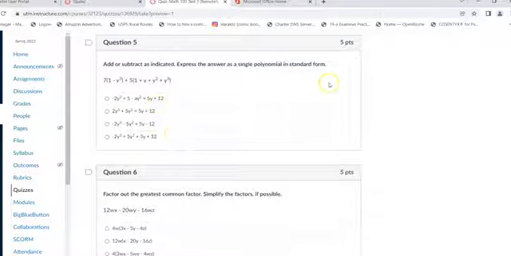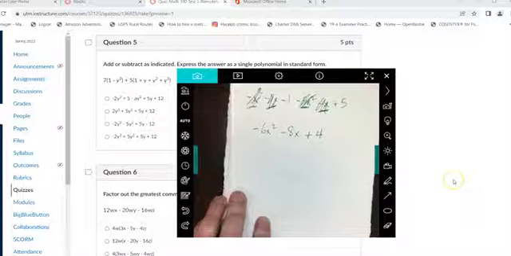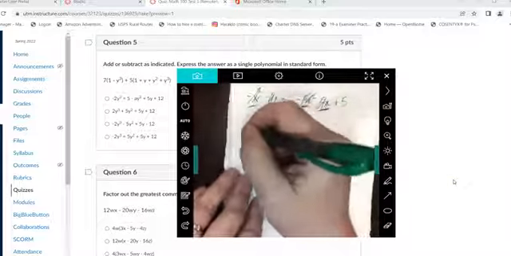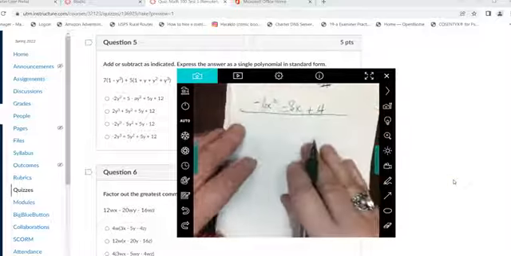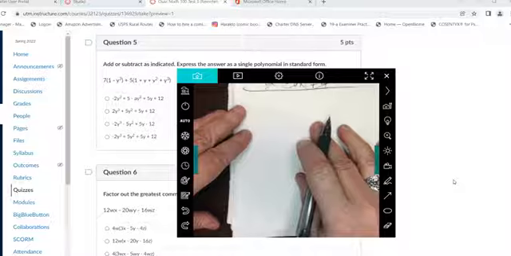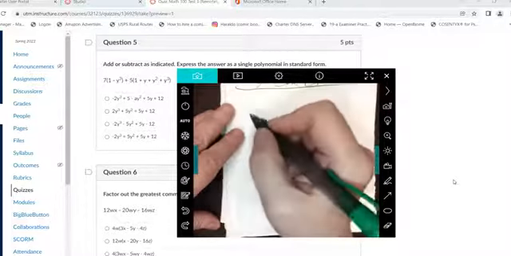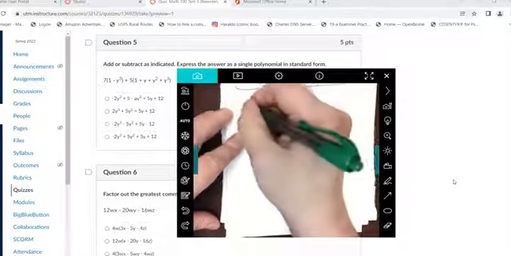All right, add or subtract as indicated. Express the answer as a single polynomial in standard form. All right, let's get this up here. Okay. This is where we're at. I'm going to multiply 7 through the first set of parentheses.